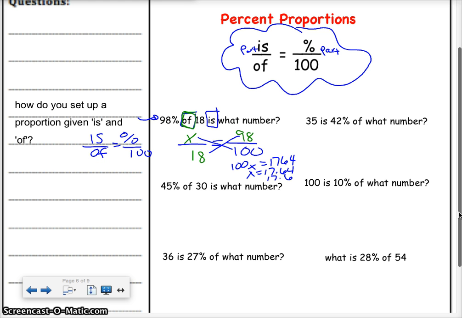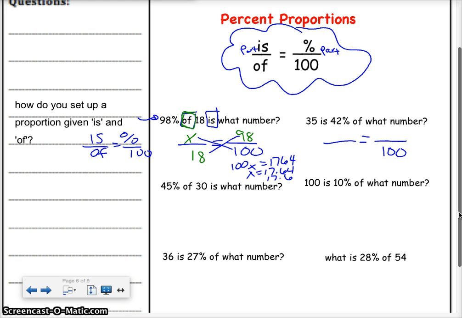Again, my strategy: I see the vocab words is and of. I know it needs to be is over of equals percent over 100. I look for the first vocab word, see what's sticking to it, and then decide which one is my of.